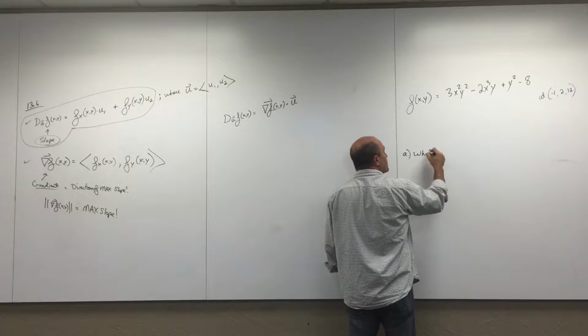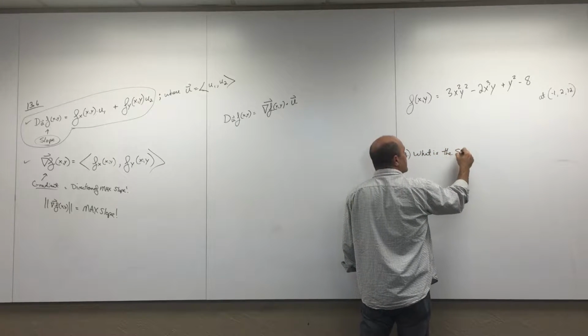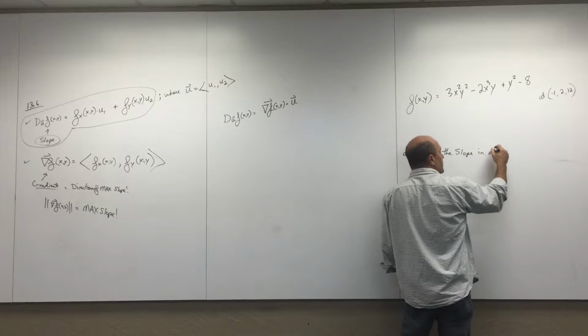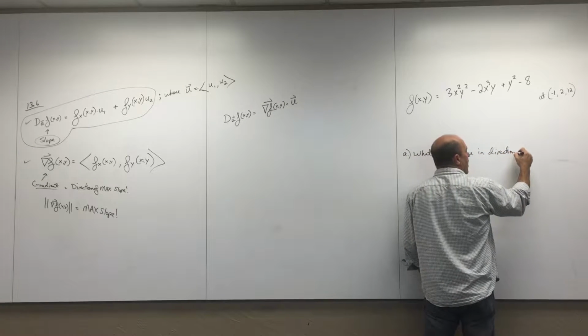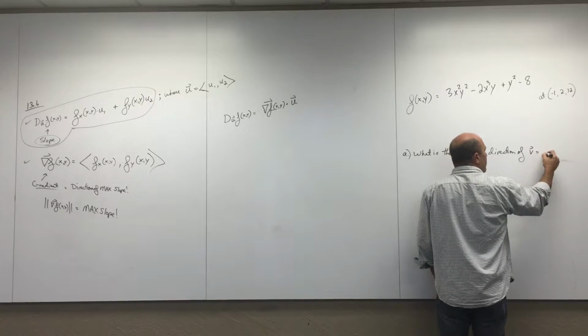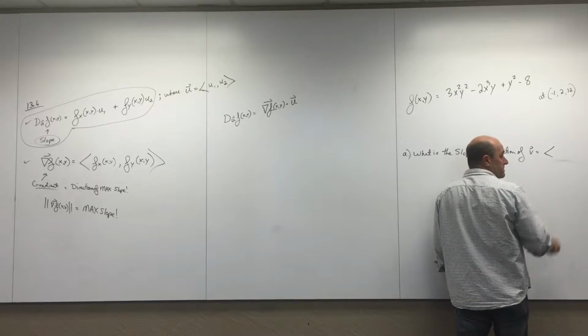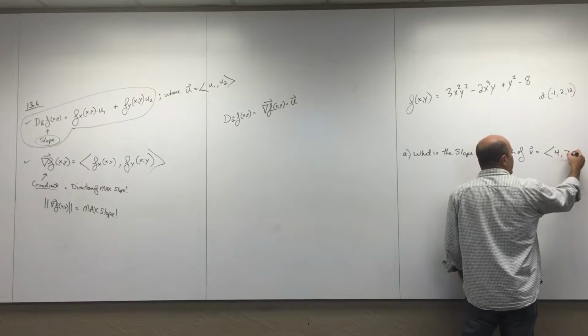I want to know what is the slope of this surface in the direction of, and then I'll give you a vector, <4, 7>.